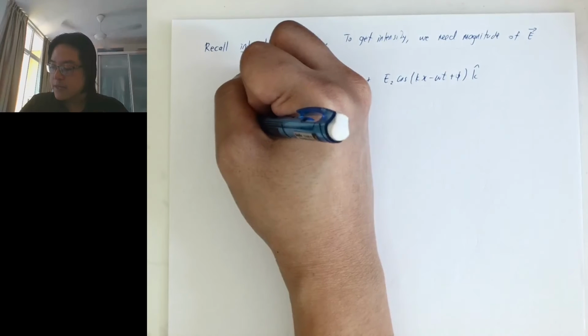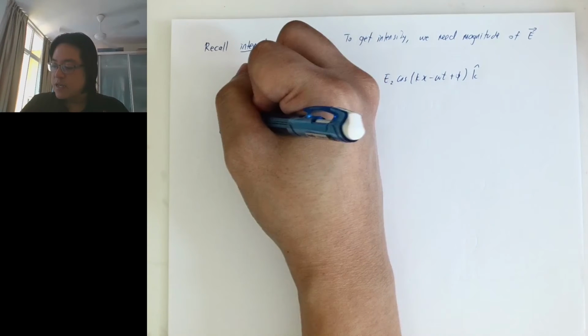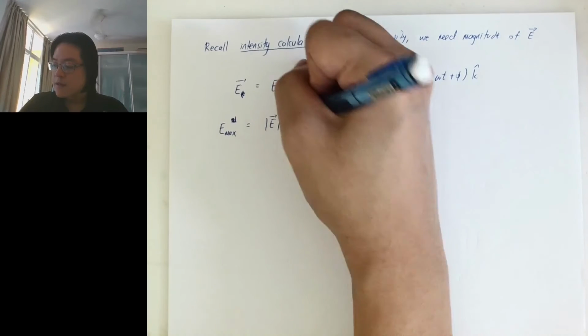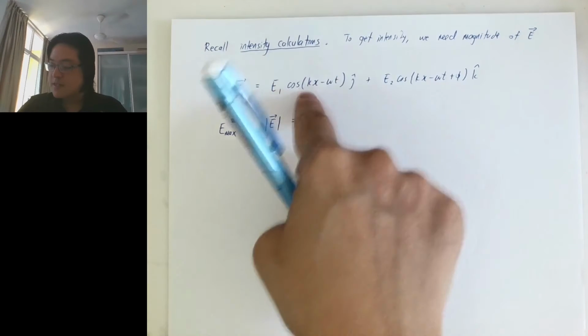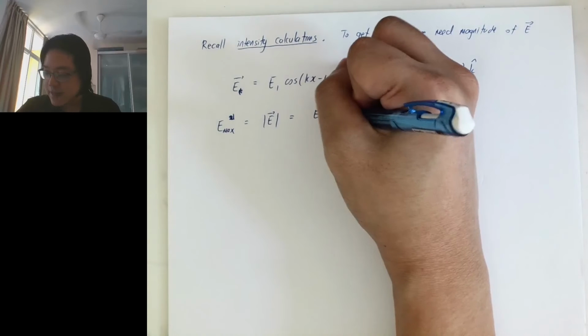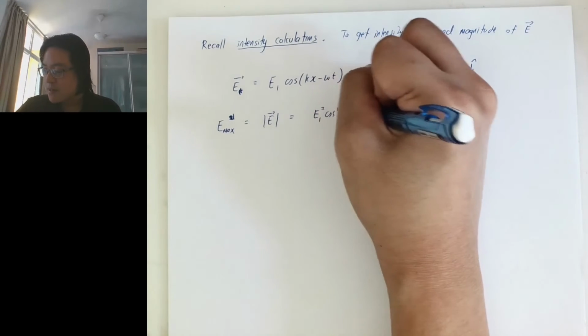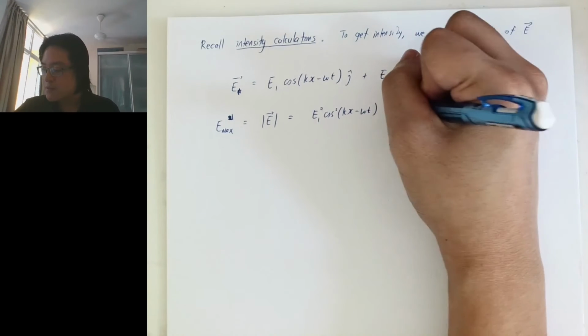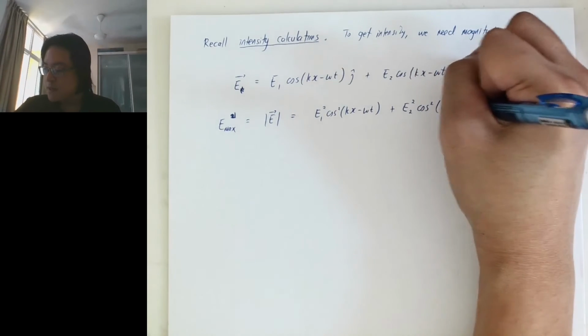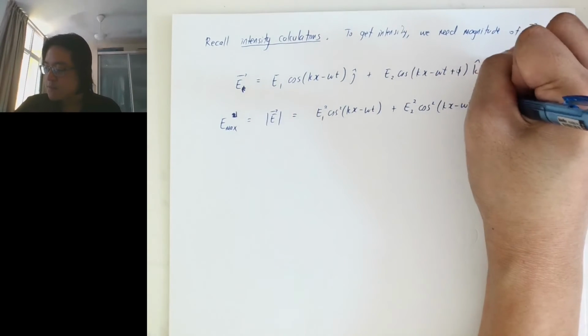So I need to get E max. E max is just the magnitude of E. So it's just this square plus this square, and then you take the square root. I think everyone should be okay with this. We have been calculating magnitudes many times already. Nothing new here, no new formula, just getting the magnitude.